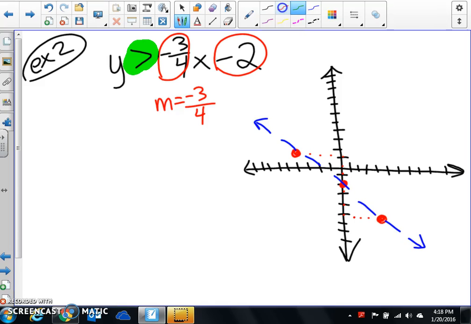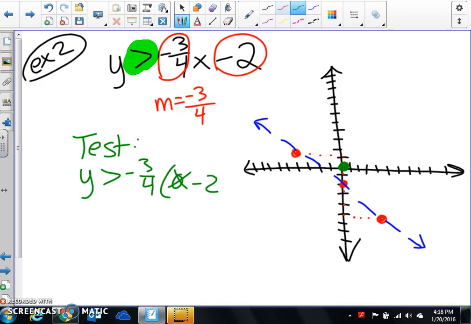Now, I take my test point, 0, 0, right? So now I'm going to test it. This time, 0, 0 is above the line, right? So let's go ahead and see. So I rewrite it exactly as I see it. X minus 2. Now I can plug in because the test point is 0, 0. Okay.